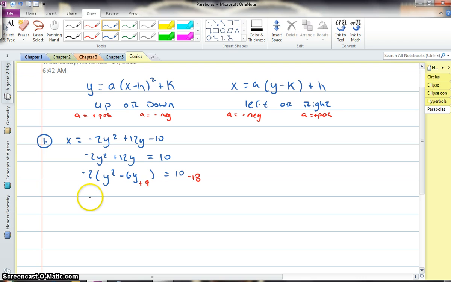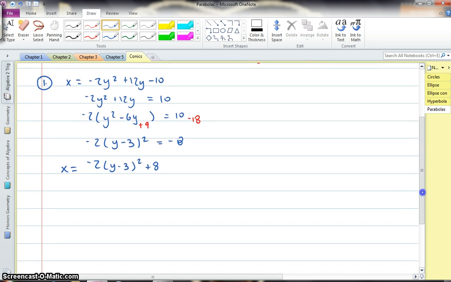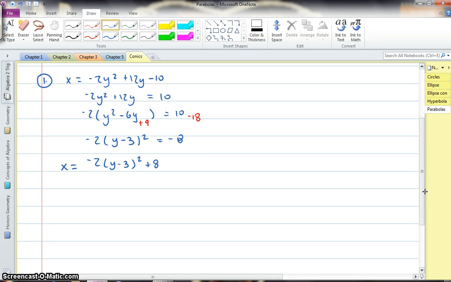So that gives me negative 2 times the quantity y minus 3 squared equals negative 8. Now, I'm going to move my 8 back. So negative 2 times the quantity y minus 3 squared plus 8. And we know it was x equals to begin with. So drop the x, put a 0, work your magic, and then get to vertex form.